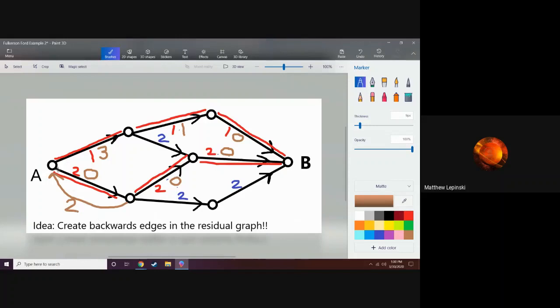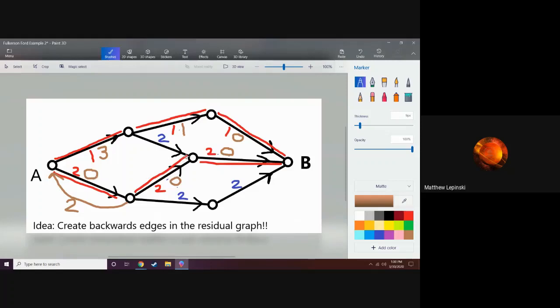Because I'm sending 2 flow from A down south, what this edge represents is that I could later decide that I want to backtrack and undo that decision. It is an option that is open to me once I have sent flow south: I could choose to undo that decision.